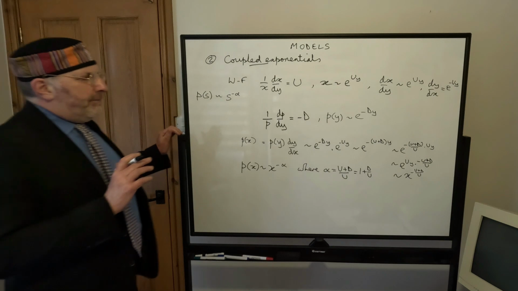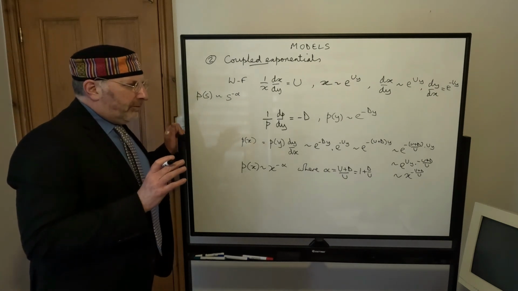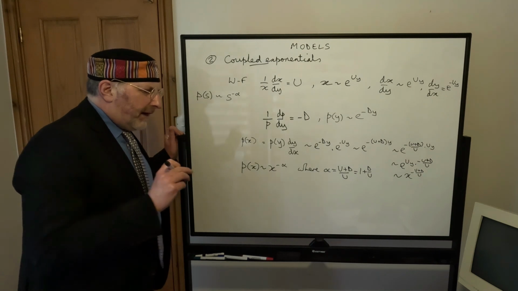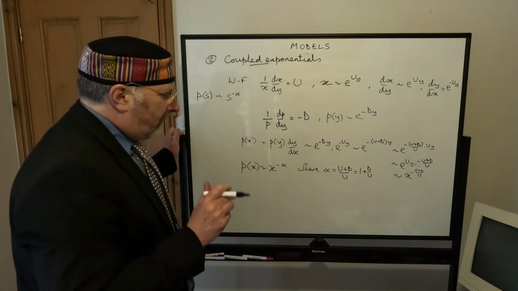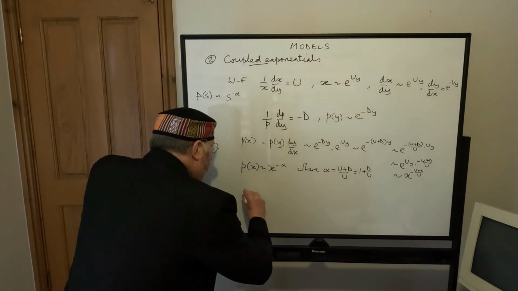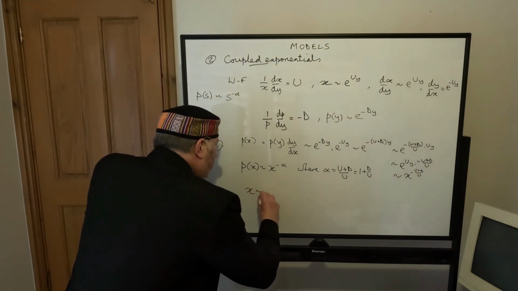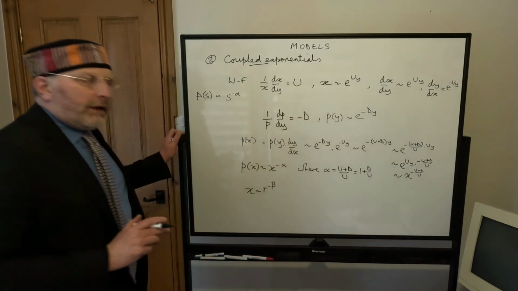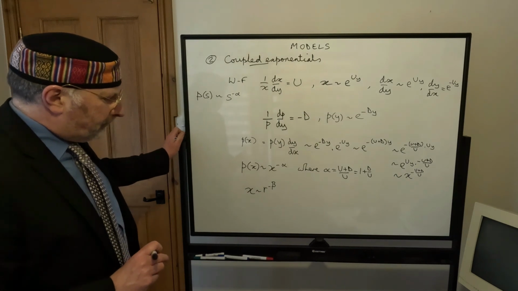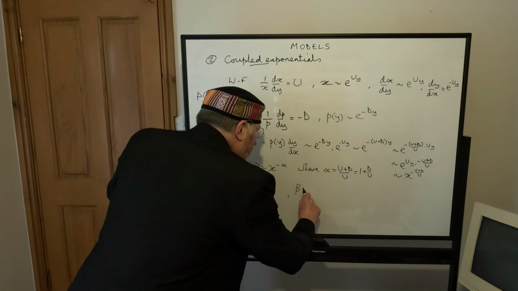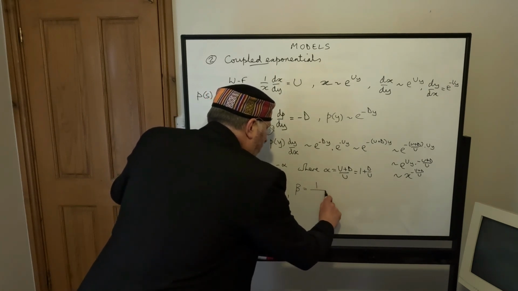And now remember that we were talking about rank size plots. We would have that the equivalent rank size plot would be that x is proportional to r to the minus beta, where beta was 1 over alpha minus 1.